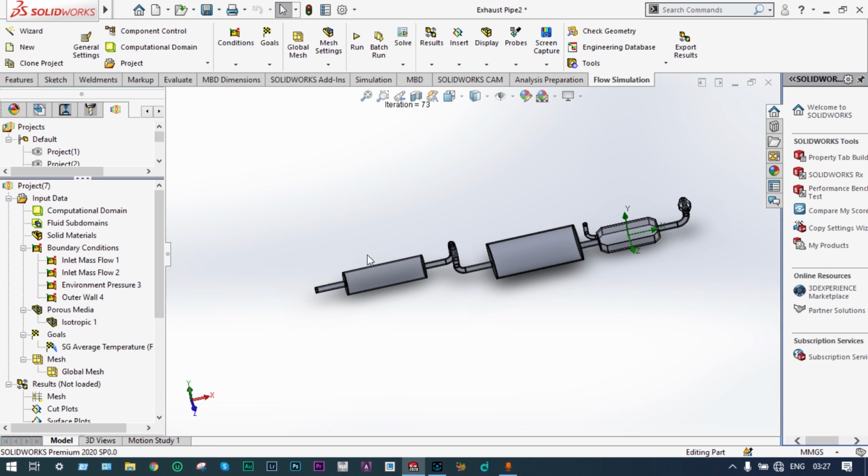Okay, so initially we're going for this parametric study to have different ranges of temperature at specific ranges of mass flow rate. From these values we will go for optimization, right? So we're starting the parametric study from here itself.